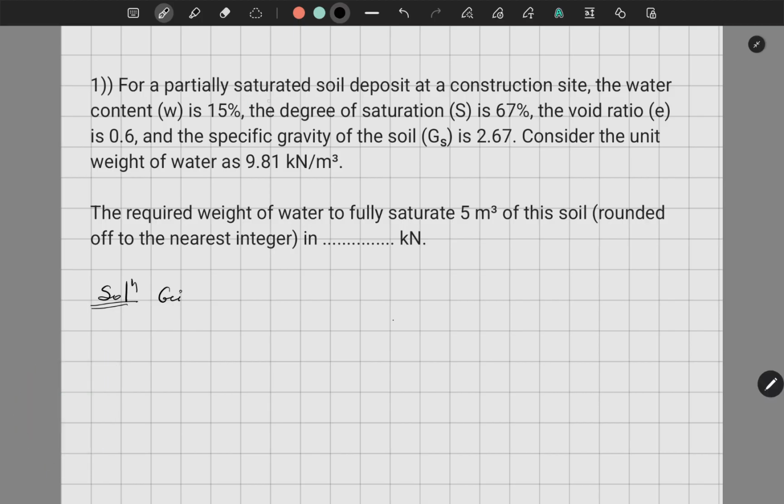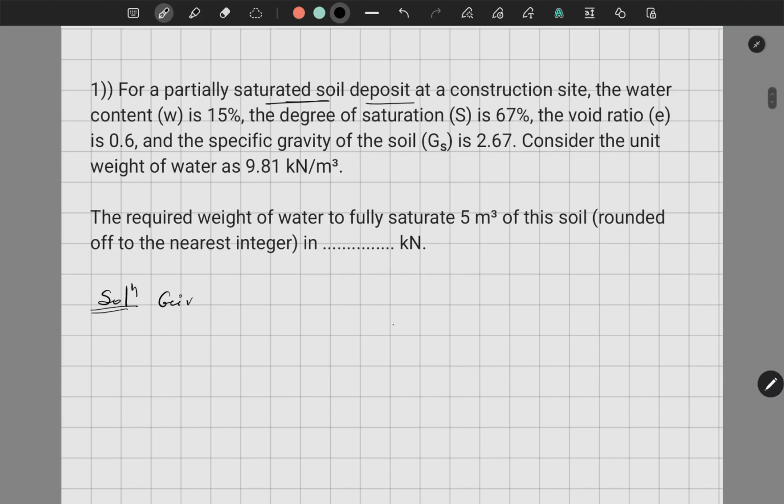For a partially saturated soil deposited at a construction site, the water content is given as 15%. Degree of saturation is given as 67%.